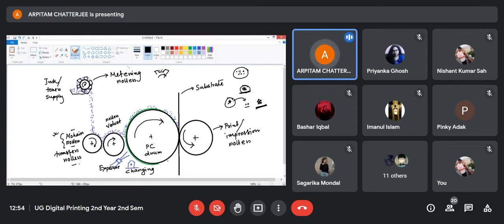Now here we have a very important thing to remember. Basically these two are metal cores, and these two metal cores are actually connected, and the potential difference over here basically works as the development electrode, because if you have a higher potential difference, more toners will move from here to paper.